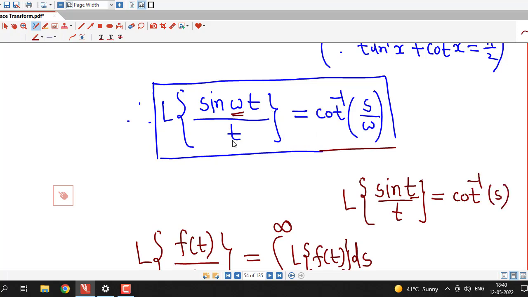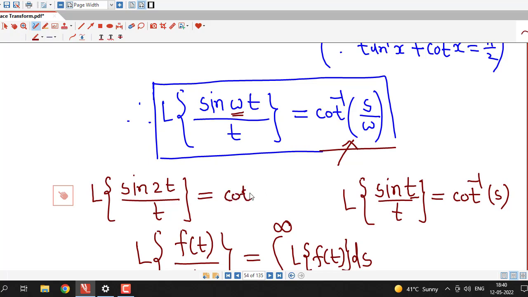Suppose omega is 2, suppose they ask to find the Laplace transform of sin 2t divided by t, then here we put omega equal to 2, and our Laplace transform will be cot inverse of s divided by 2. So either they can ask you with arbitrary constant omega, or they can give particular values of omega.